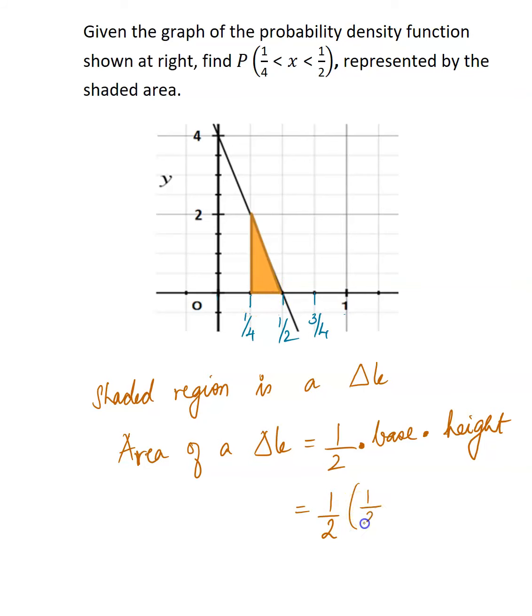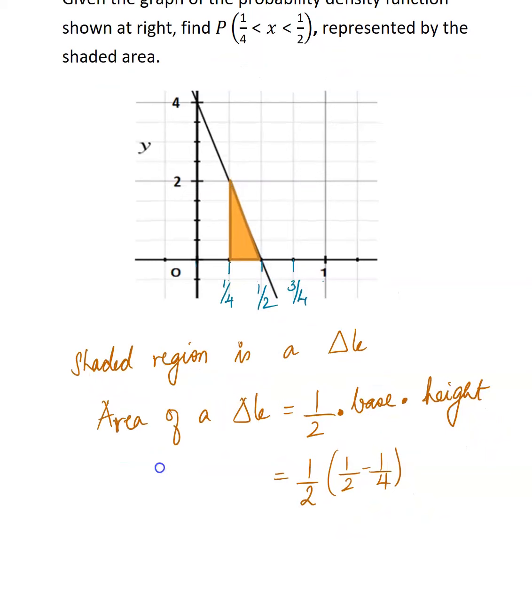So that's nothing but 1/2 minus 1/4, because that gives me the distance between the two. And then the height would be the height of the triangle itself. The height is from 0 to 2, so the height is 2. If you simplify this out a little more, 1/2 times 1/4 times 2, and obviously the 2's will cancel off, leaving us with 1/4.